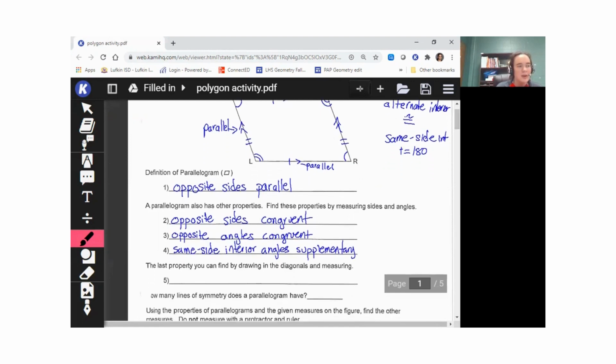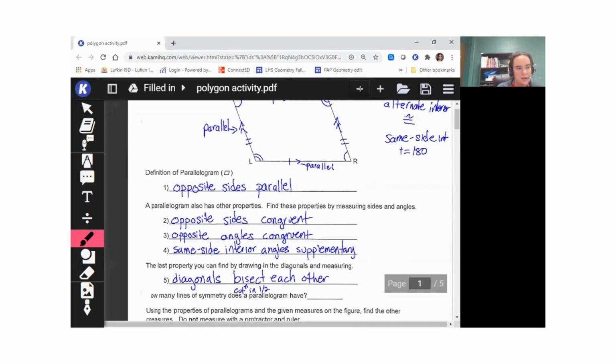And then our last property is about our diagonals. And you'd have to draw them in and then measure the two separate parts. And it's that they bisect each other. Now remember that bisect means it cuts in half.